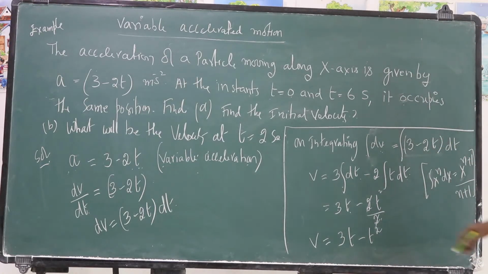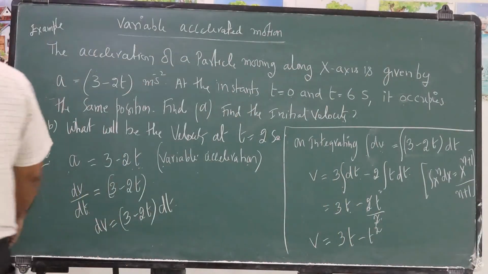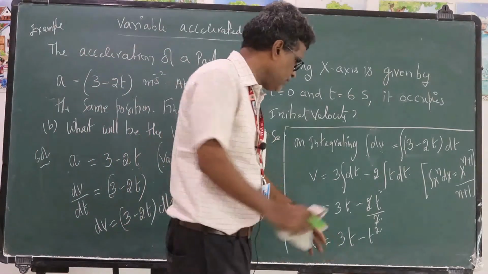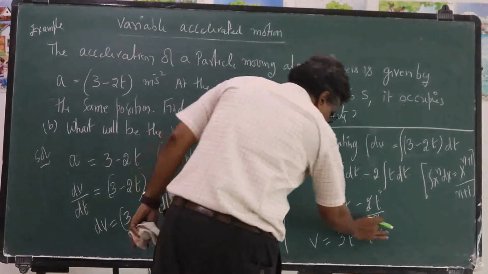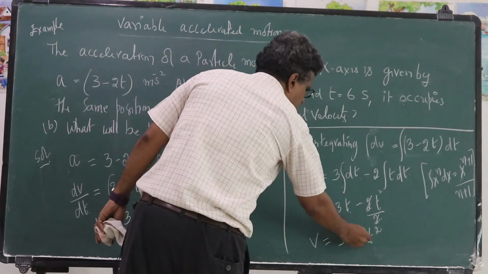So you put t is equal to 0 to get the initial velocity. Velocity is also a variable, so we got velocity as a function of t. This 2 gets cancelled, and you will get t square.